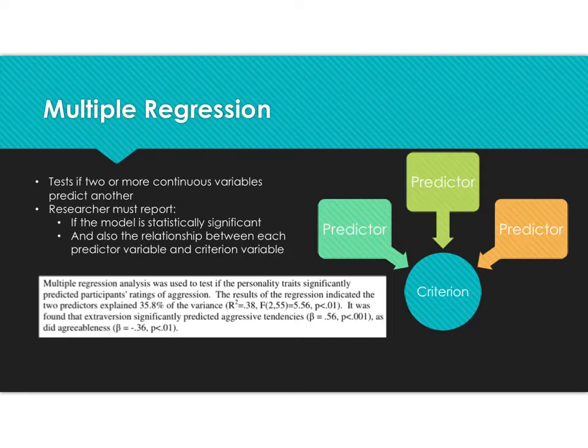And then they broke it down and found that extroversion significantly predicted aggressive tendencies with a beta value of 0.56, and agreeableness also predicted aggressive tendencies with a beta value of negative 0.36. It is possible for your multiple regression model to be significant, and not every predictor predicts the criterion, which is why it's important to report every single result.